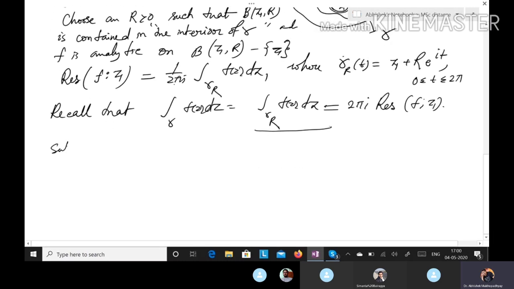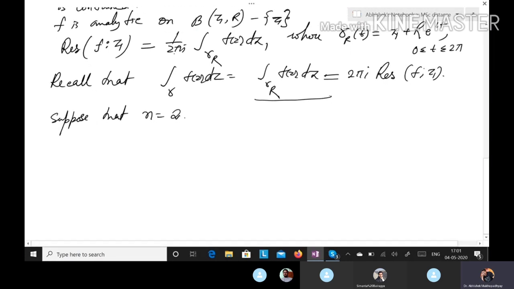Now suppose that n equal to 2. So it has two isolated singularities at z1, z2 in the interior of gamma. That is, if this is the path, so it is z1, it is z2.